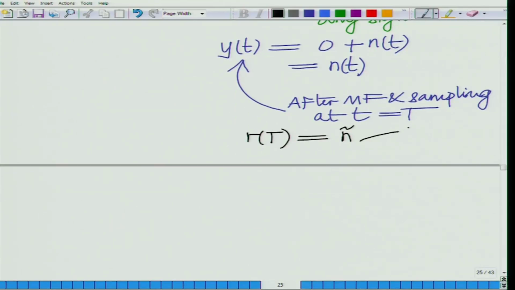Once again, nothing changes: n tilde is Gaussian with mean equal to 0. The variance equals N0 by 2 times E_p.